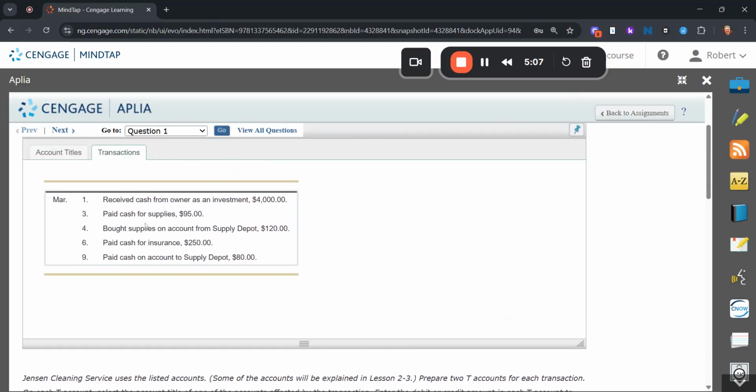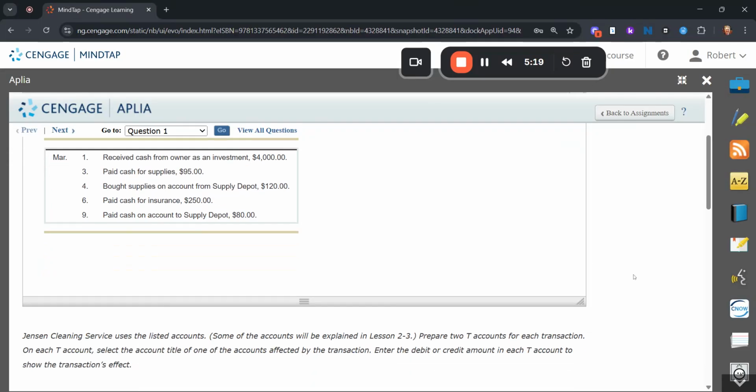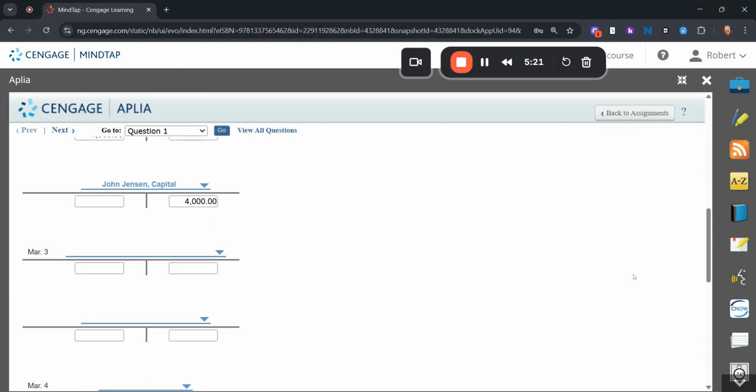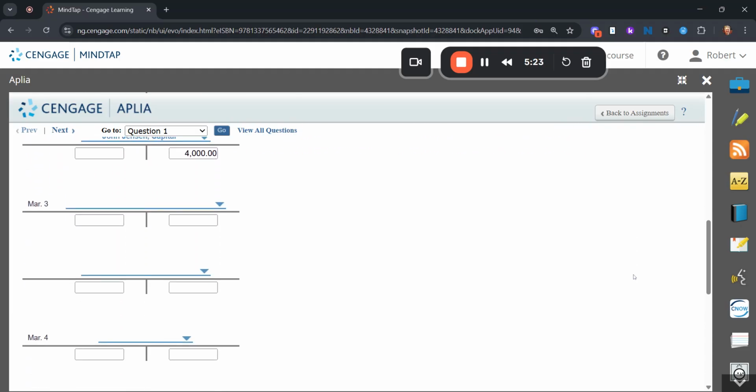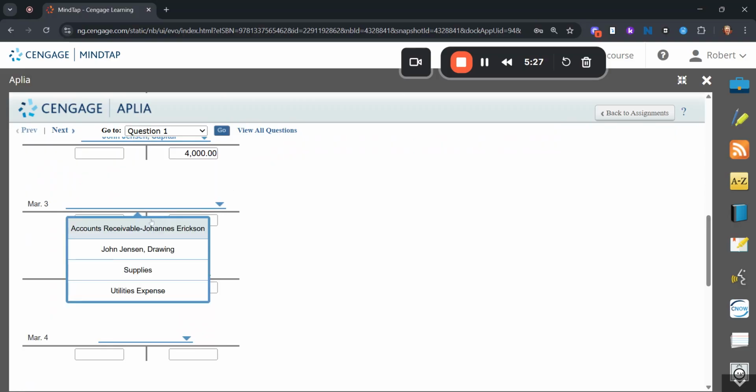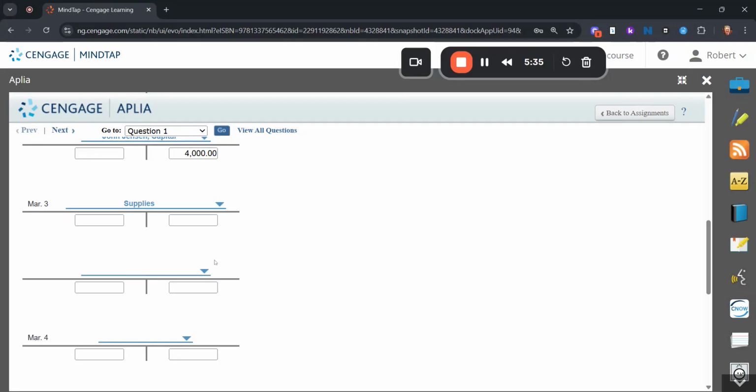That gets us to our next transaction. Paid cash for supplies, $95. So 2 accounts, cash and supplies. So we'll go down here, check our drop down menu. Cash isn't available on here, but supplies is, so we'll click on that title.